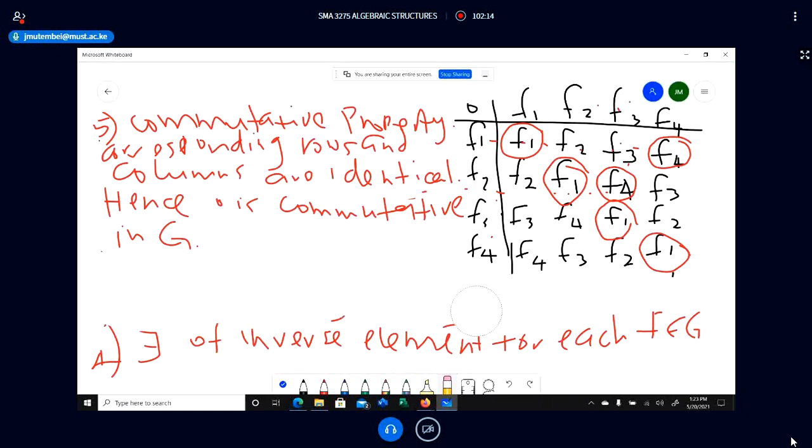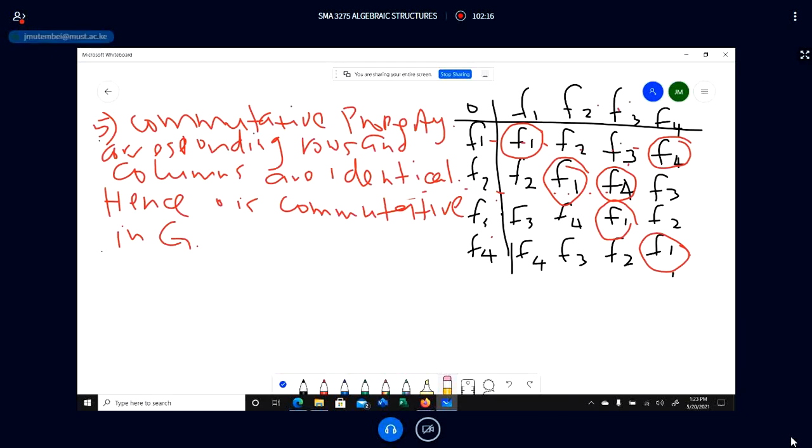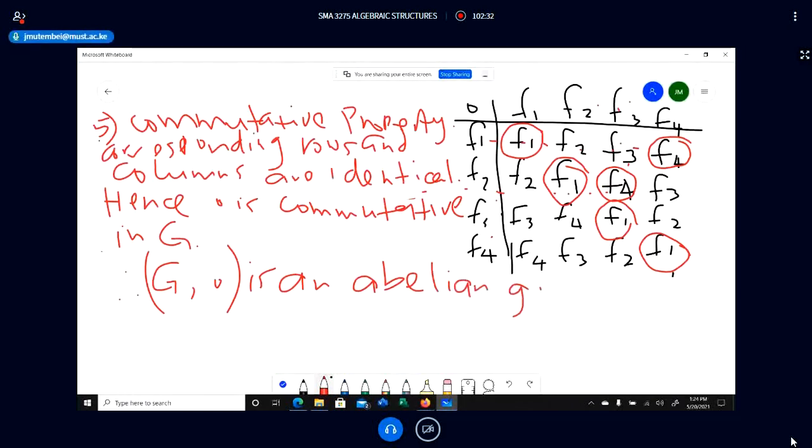So in conclusion, therefore G, together with the binary operation composite, is an abelian group. And that is what we were asked to show. That was our task, to show that this is an abelian group.